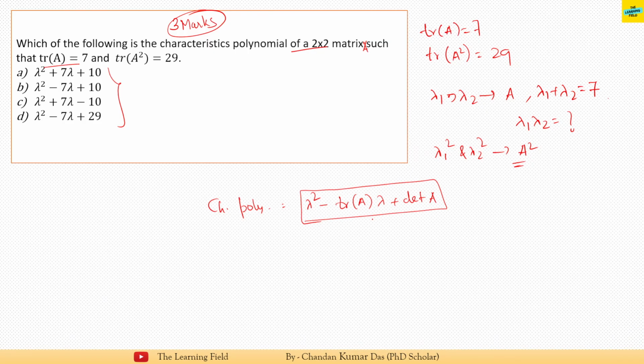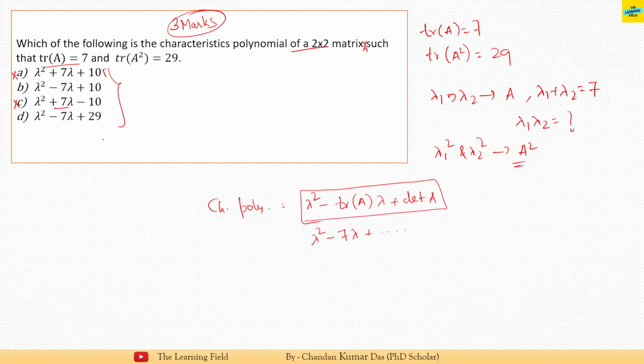Now, since trace of A is equal to 7, therefore we can write lambda square minus 7 lambda plus something, the determinant. So we can discard the options with plus 7 lambda. This option is definitely cancelled out, and this one also has plus 7 lambda, so we can discard this option too.